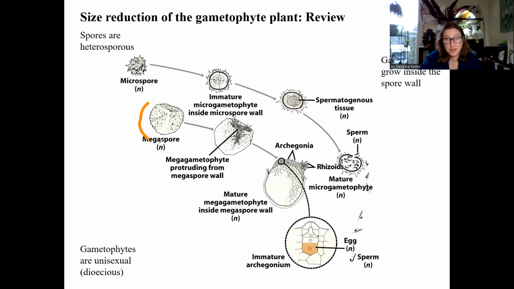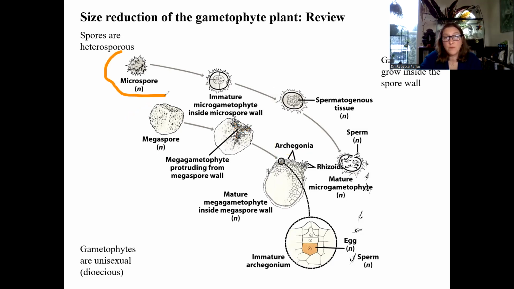If you are a megaspore, you have inside of you a female gametophyte plant, which you can see here is just poking out a little bit. And on that female gametophyte plant inside of that megaspore, there will be the sex organs.